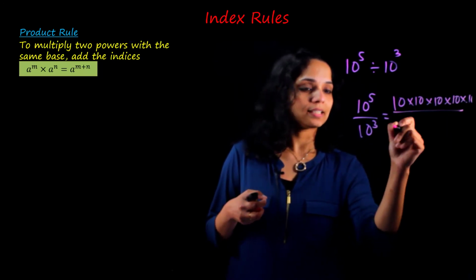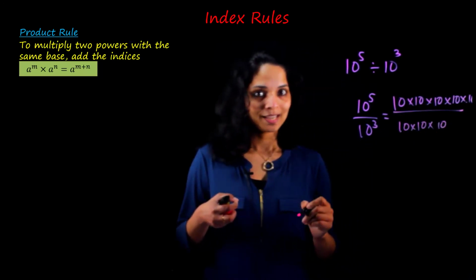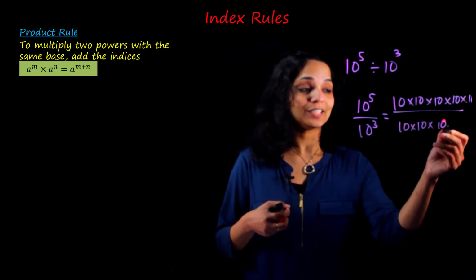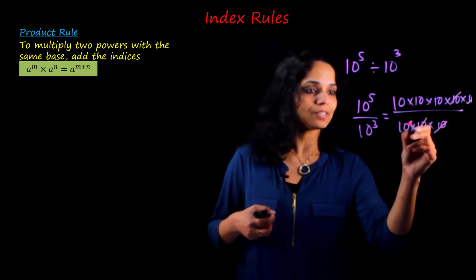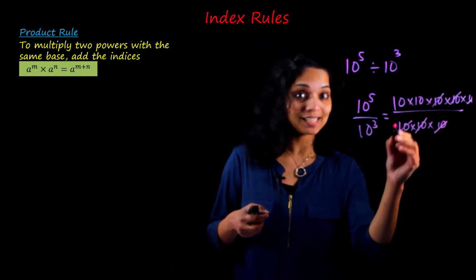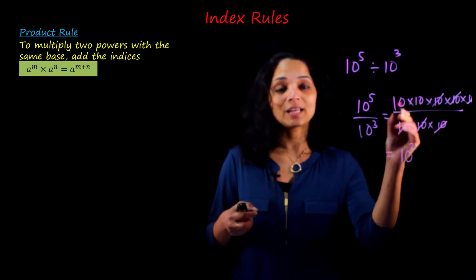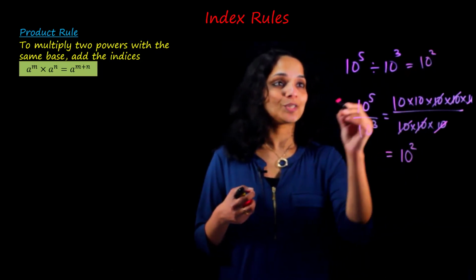And 10 to the power 3 is 10 multiplied 3 times. Now we can cancel each of the 10s in the denominator with each of the 10s in the numerator. So what we end up with is 10 times 10, which is 10 to the power 2. The answer for this one is 10 to the power 2.